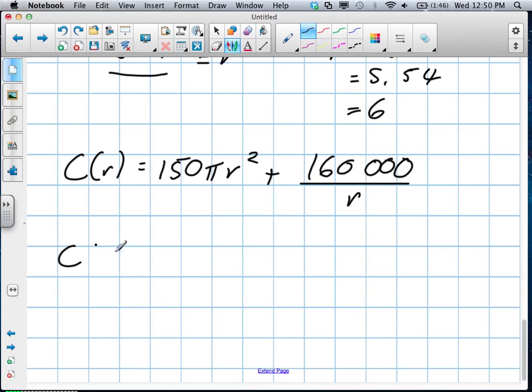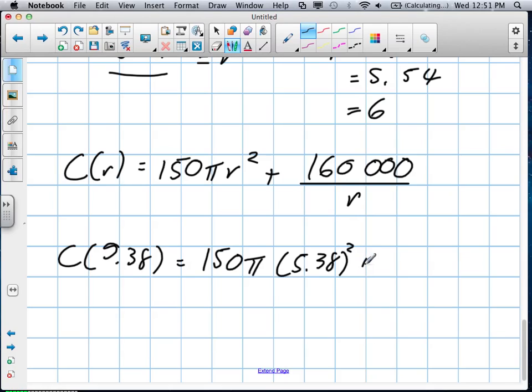When we plug in C at 5.38, we carry this out, we get 150 pi 5.38 squared plus 160,000 divided by 5.38.